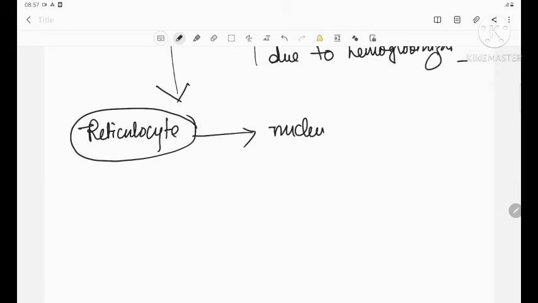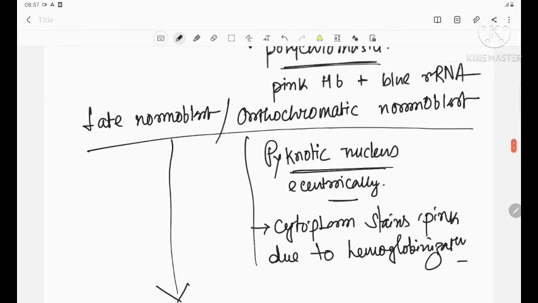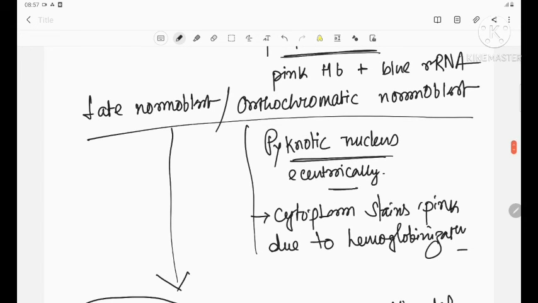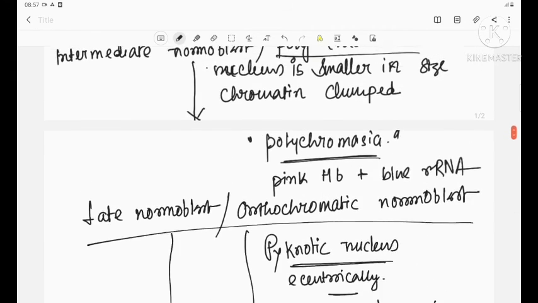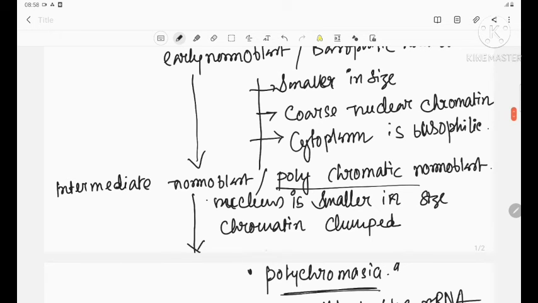The nucleus is ultimately expelled from the orthochromatic normoblast. There is a nucleus in the orthochromatic normoblast too, but the nucleus is pycnotic. Pycnotic, all know pycnotic. Okay. In the above step the nucleus is smaller in size with clumped chromatin.